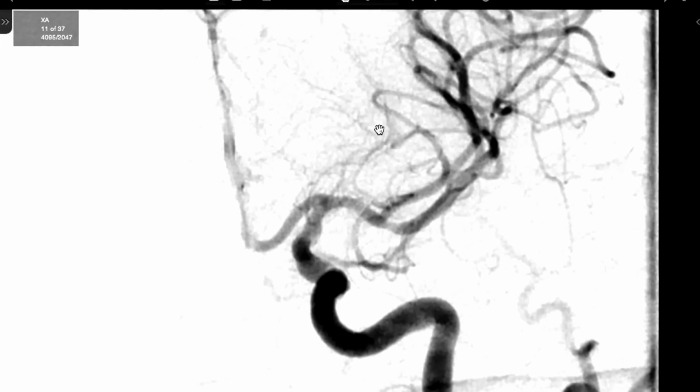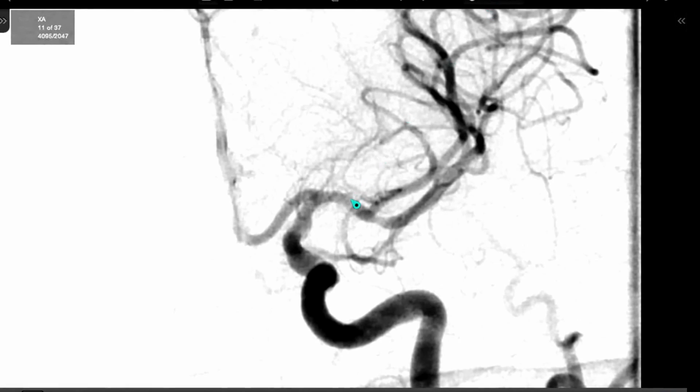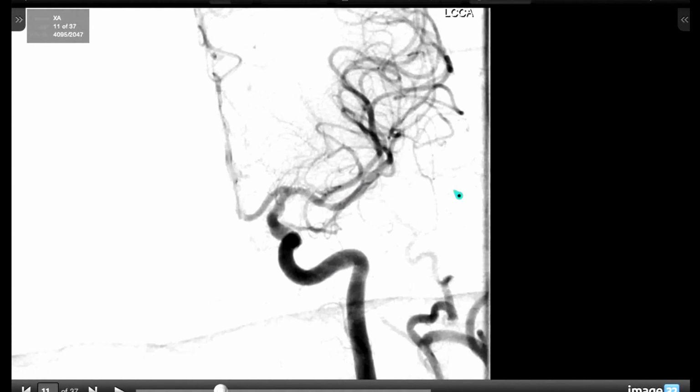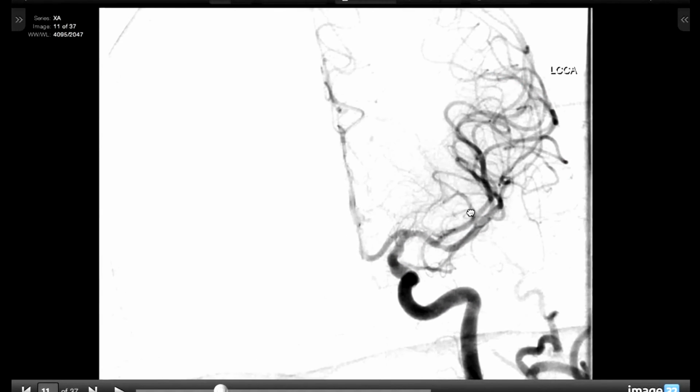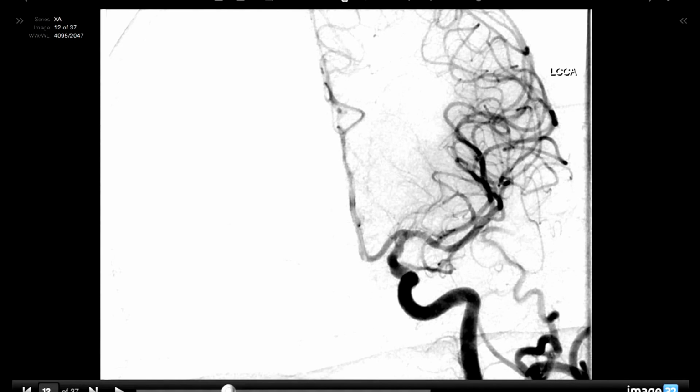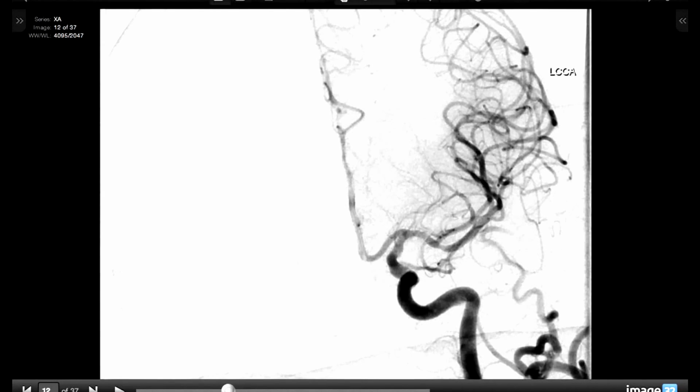If we zoom in, we see the top of the carotid, this T configuration, and we see that the blood flow is normal because the clot has been pulled out from that location where it had blocked the top of the carotid. And as a result of this treatment, the patient was nearly back to normal by the next day.